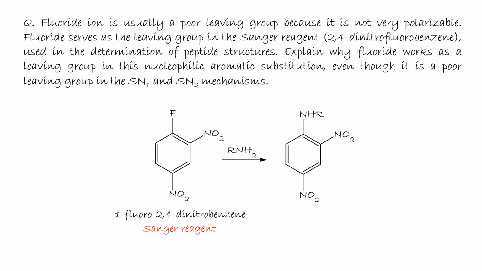Explain why fluoride works as a good leaving group in this nucleophilic aromatic substitution, even though it is a poor leaving group in the SN1 and SN2 mechanisms. Here we have the Sanger reagent reacting with the NH2, like the one in peptides or amino acids. It replaces the fluoride with NHR.